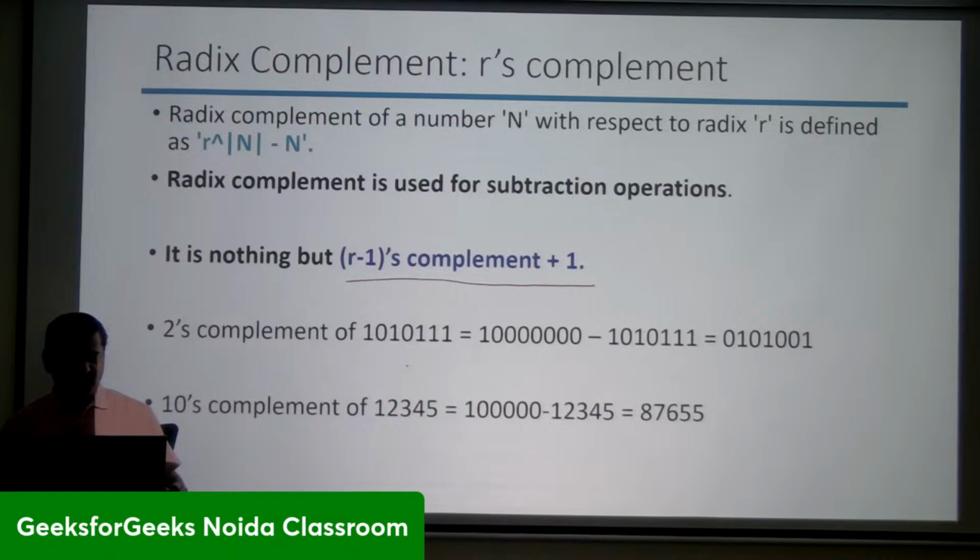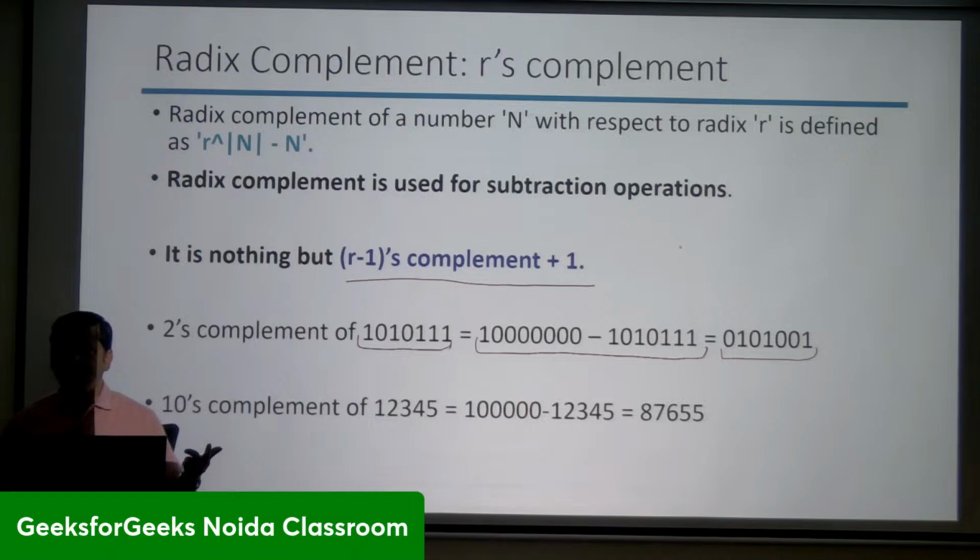Say for this one, 2's complement of this particular value. I have used this particular method, that is 2 to the power of the length of this, so 2 to the power 7 subtracted with this. This method involves subtraction.